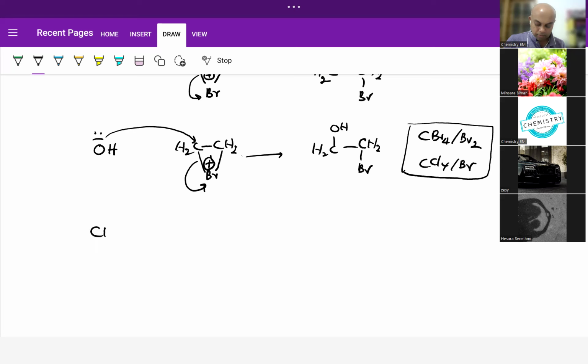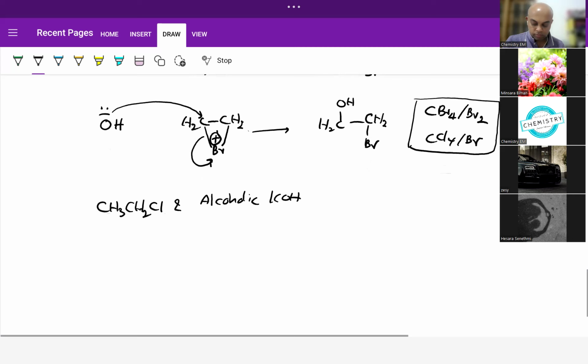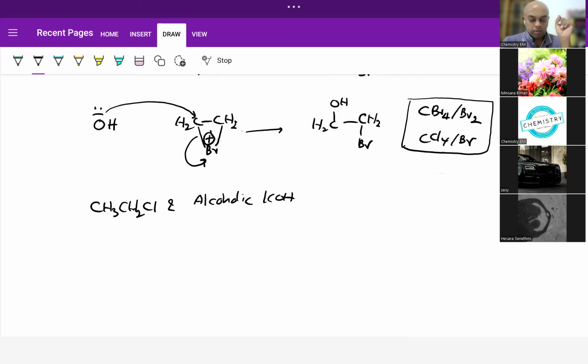By using CH3CH2Cl and alcoholic KOH as the only organic compounds, not other, as the only organic compound.